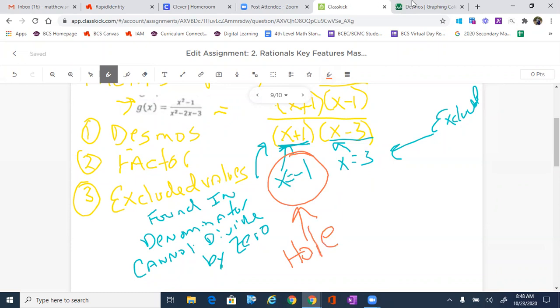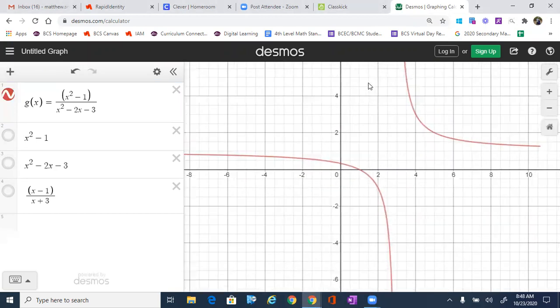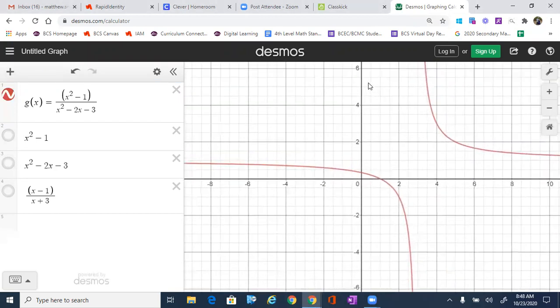And then I'm going to go over to x equals 3. Let's check out that graph right there, x equals 3. Well, if I take a moment and just look at the graph, there is a distinct break. And that distinct break is our vertical asymptote. Let's ask, where is that distinct break?